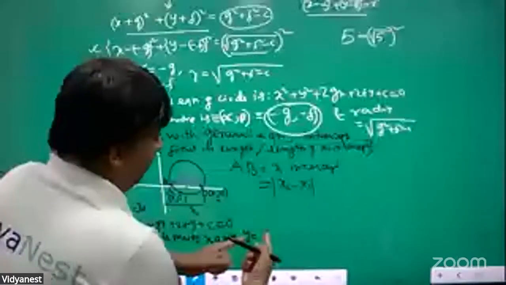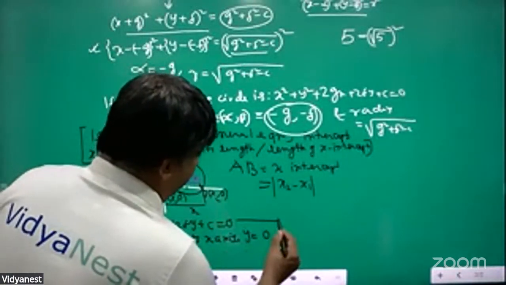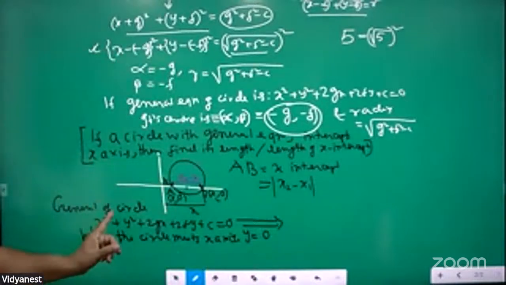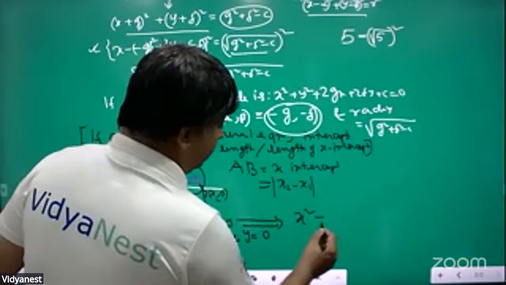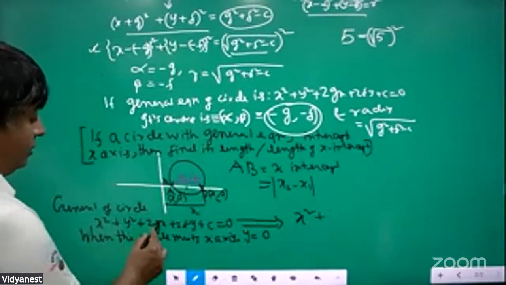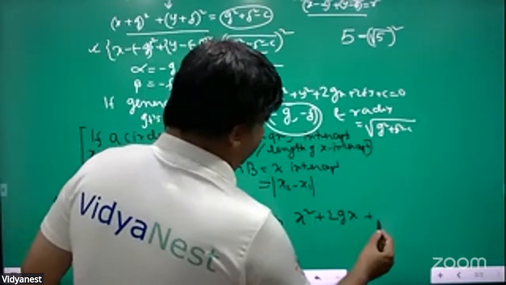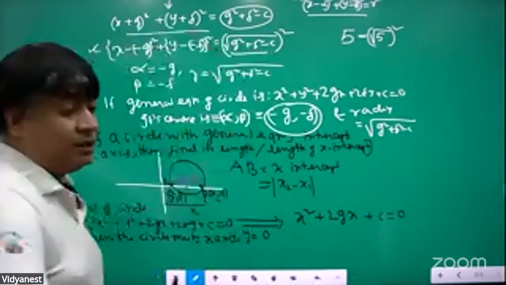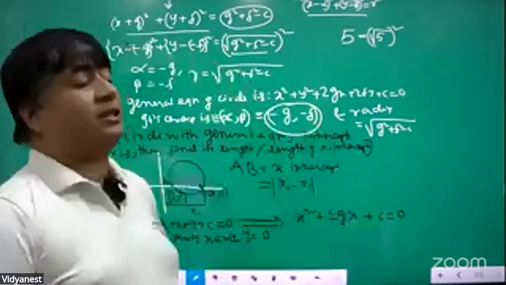So you plug this value and put it in place of y. So y की जगह में हम 0 put कर रहा हूं. क्या बचेगा हमको? हमारा ये तो 0 हो गया, 2gx रहेगा plus c.